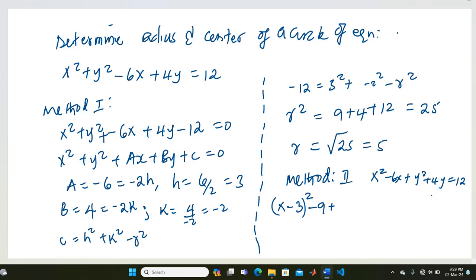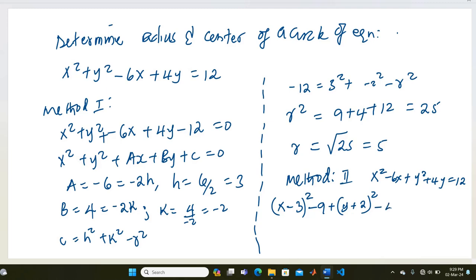Then I square that half coefficient, which gives 4, and add it on both sides, so that the statement is not changed. So I'll have y plus 2, and when I square this, I have y squared plus 4y plus 4.